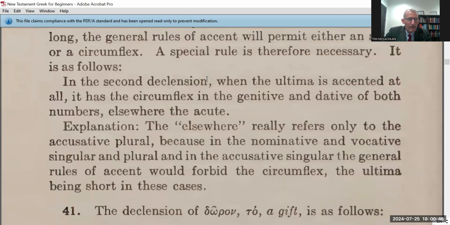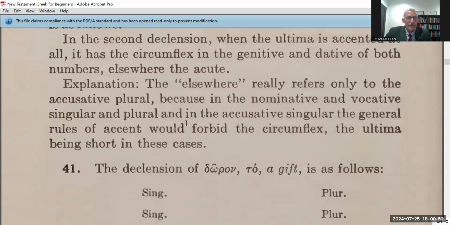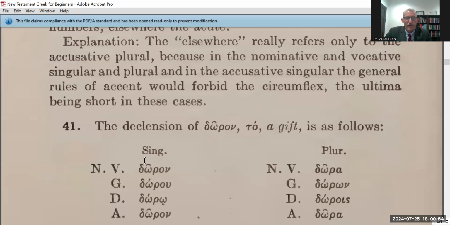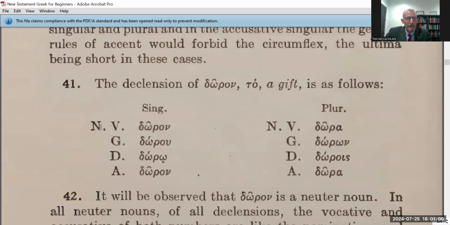Or maybe it's the first declension. Oh, this is the second declension. So what we just had before was the first declension when they're categorizing it. That's with the os ending to start off with. And here we have the second declension. And the nominative and the accusative are the same. It's just one of the eccentricities here.